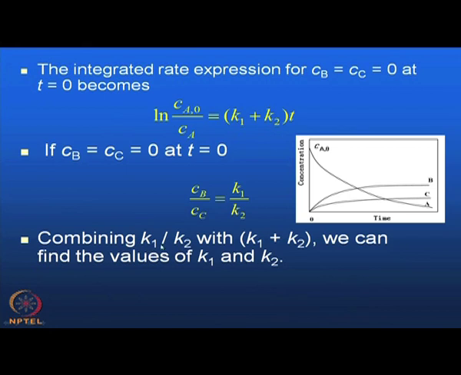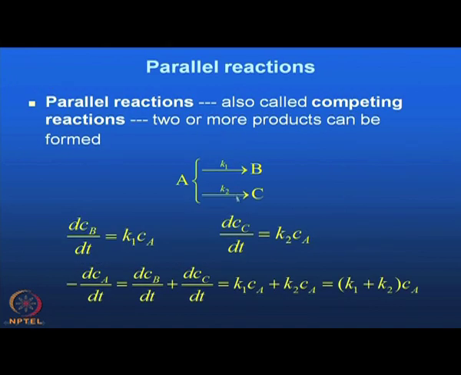So, if you combine K1 by K2 with K1 plus K2, you can find the individual values of K1 and K2. The point is that it is also acting like a first order decay of A. The only difference is that A is decaying in two parallel channels, B and C.